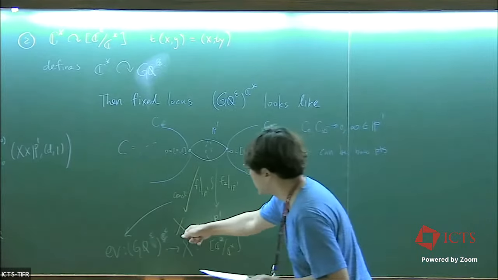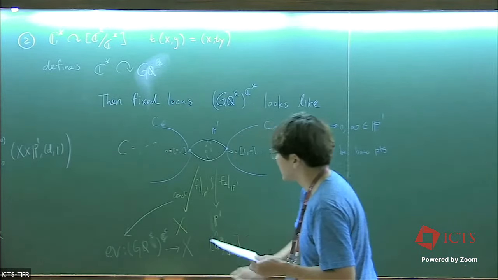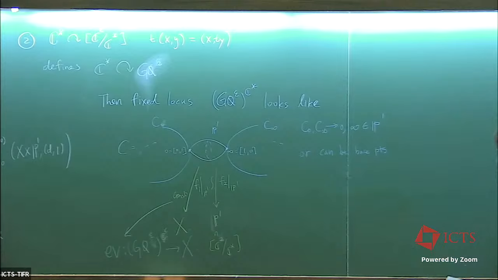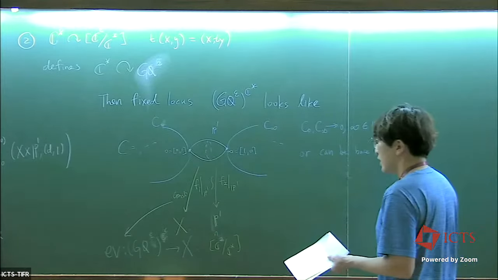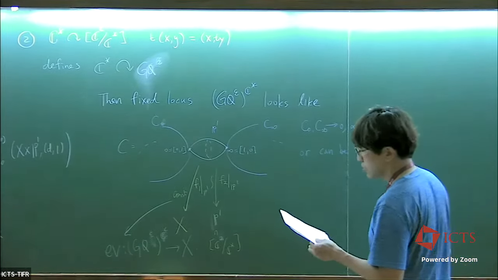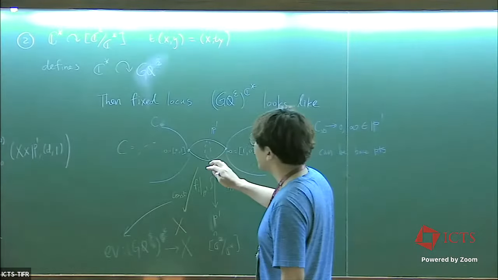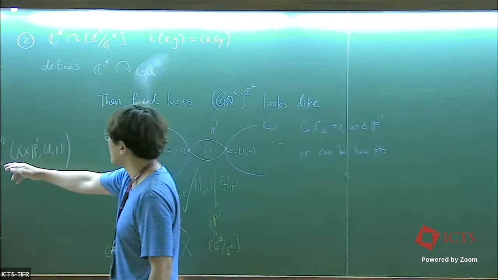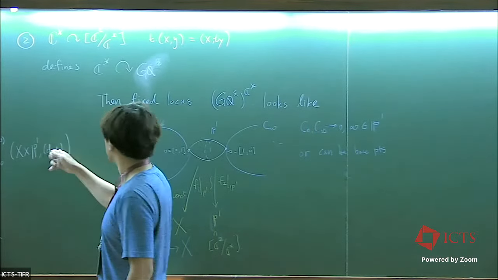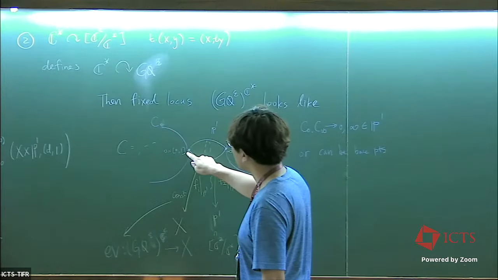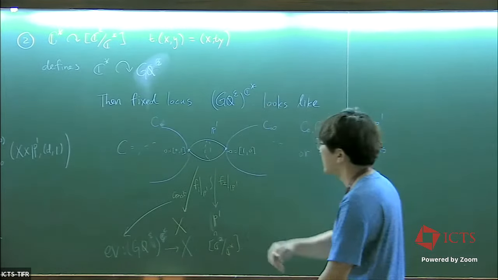Base point means a base point to the stack quotient containing X, which is just double mod G. So the point is, the information of degree, the only topological constraint, is concentrated on either 0 or infinity.